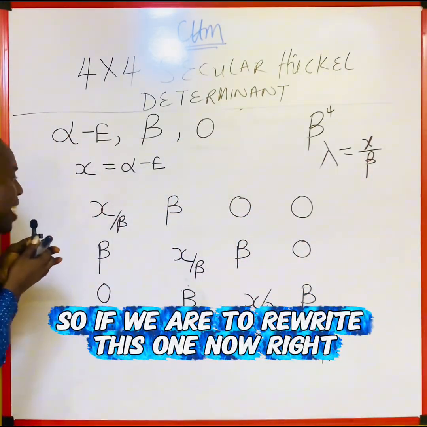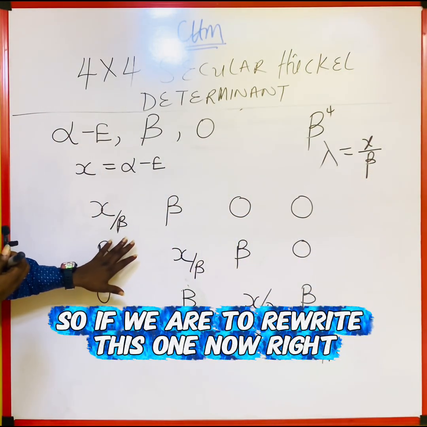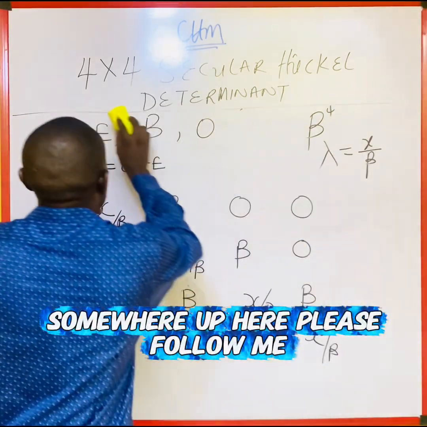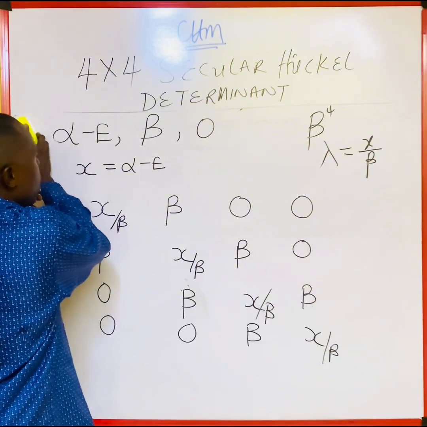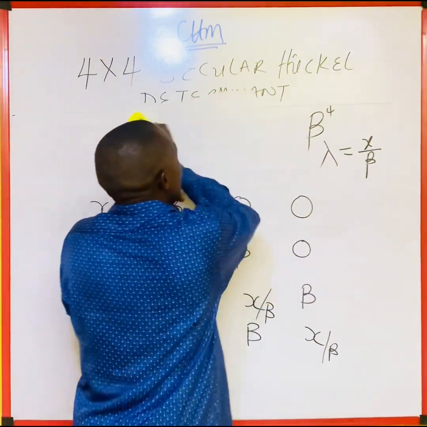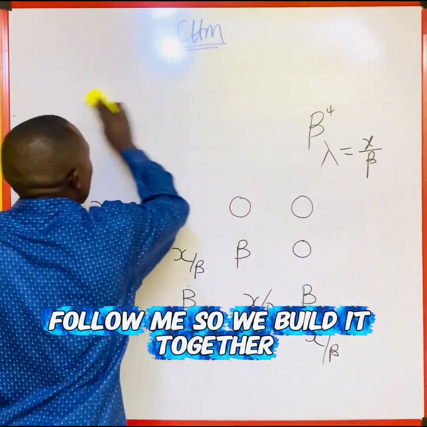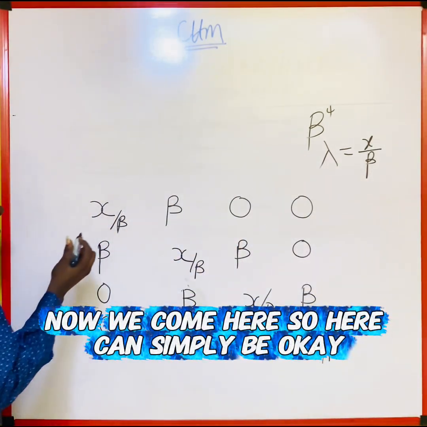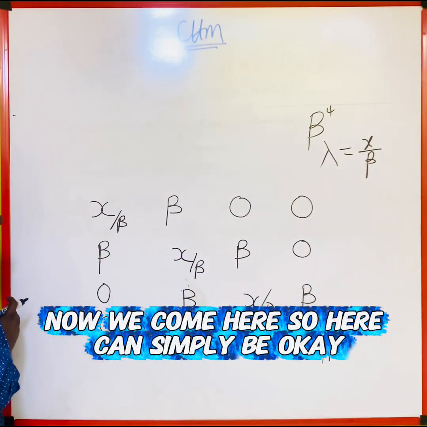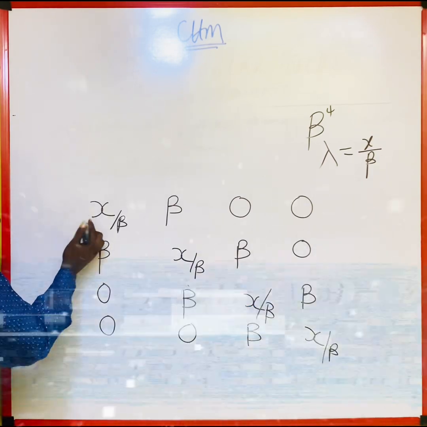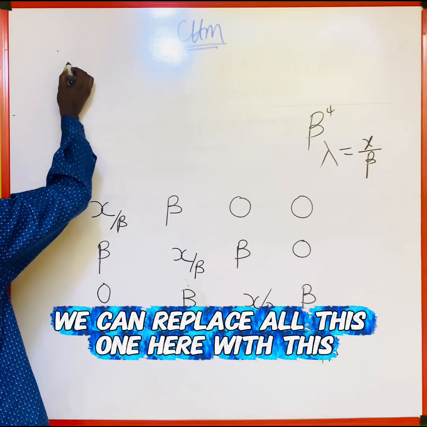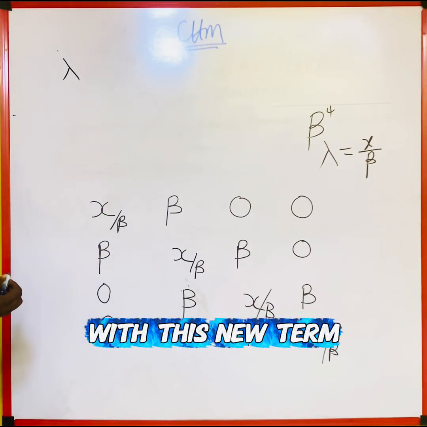If we are to rewrite this now, I will have to erase the board to do it somewhere up here. Please follow me, so we build it together. Now we come here. We can replace all this here with the new term.